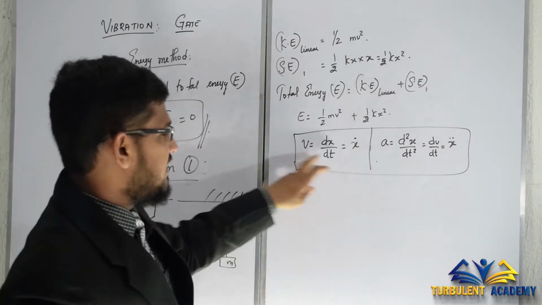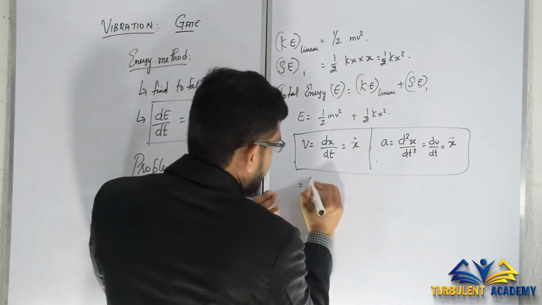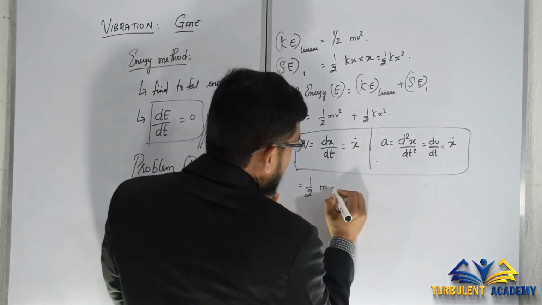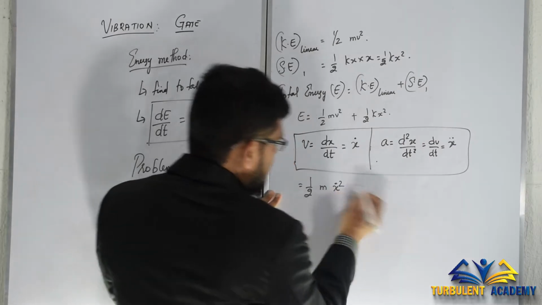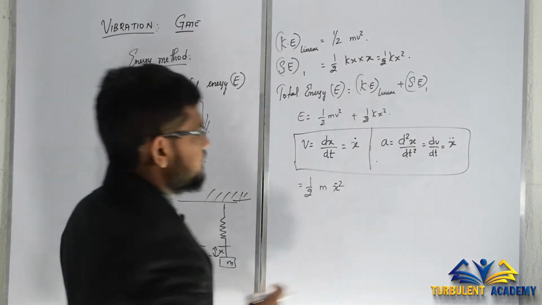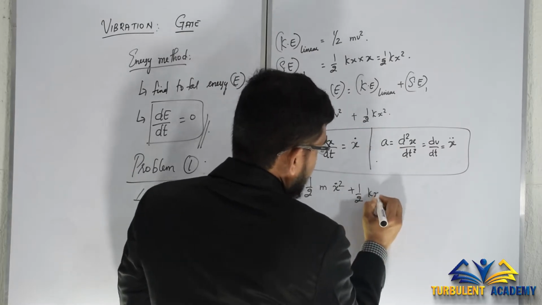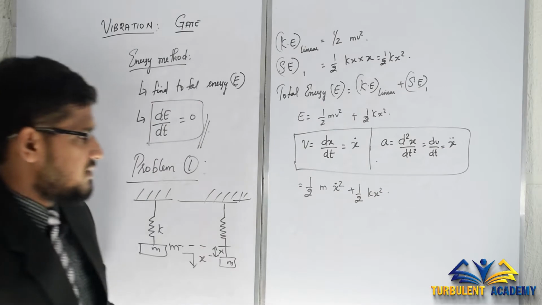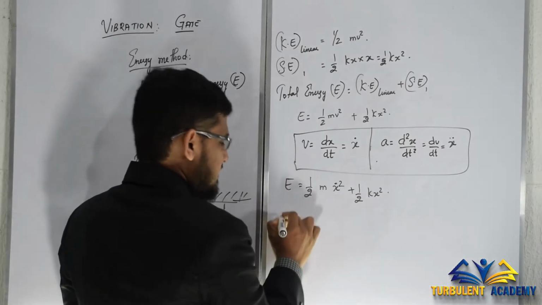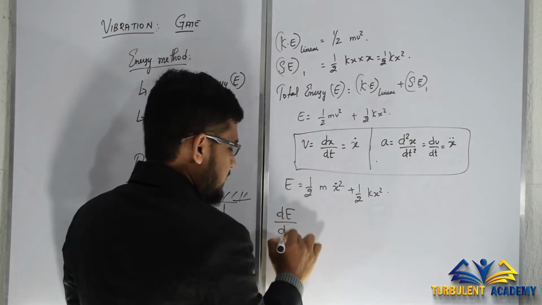Now we know very well v is x dot. So I am going to write half mv squared as half m x dot squared, plus half kx squared. This is very easy. Now this is E, so just differentiate E with respect to t.